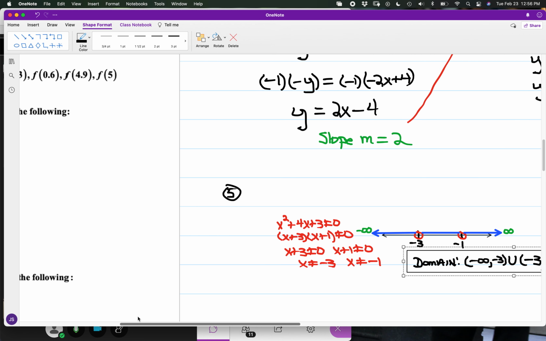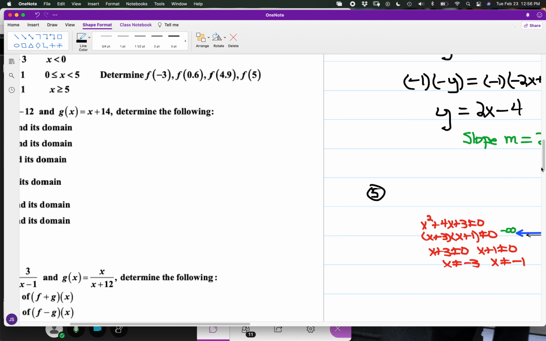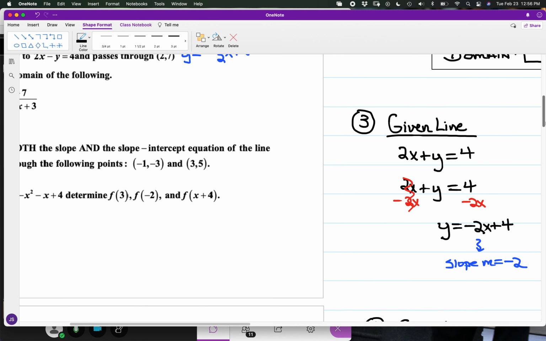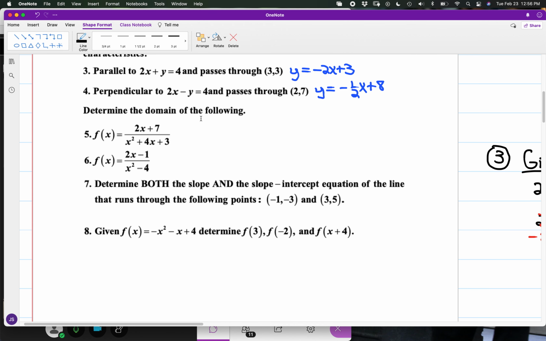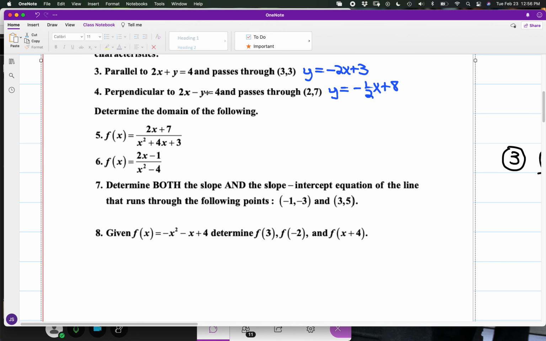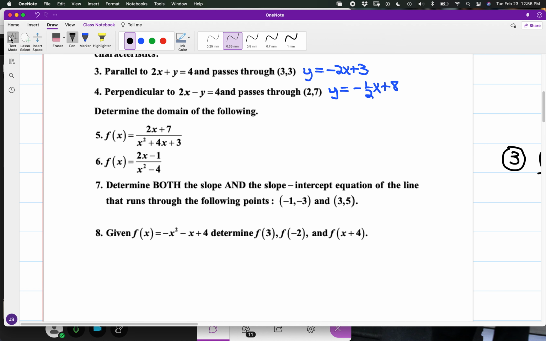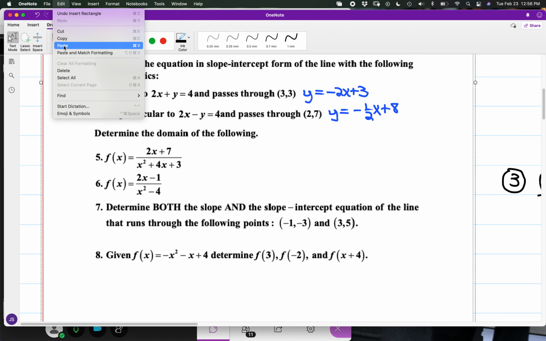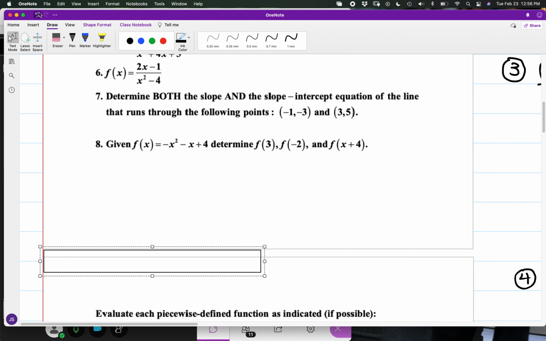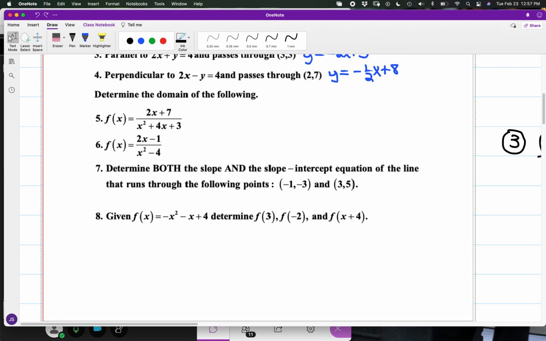In the case of number 6, we have another rational expression. f of x is equal to 2x minus 1 all over x squared minus 4.